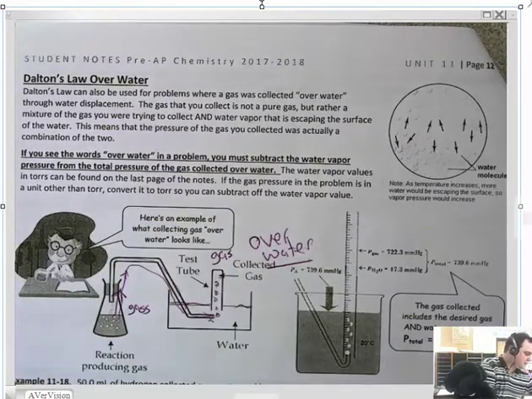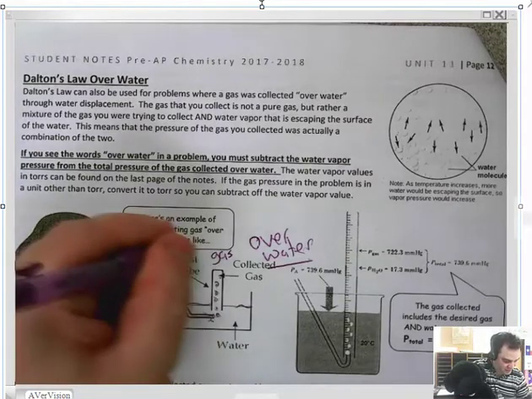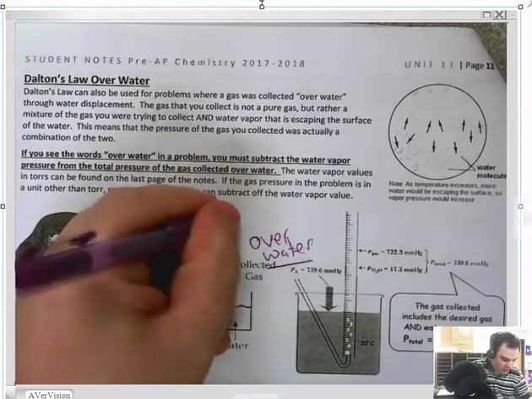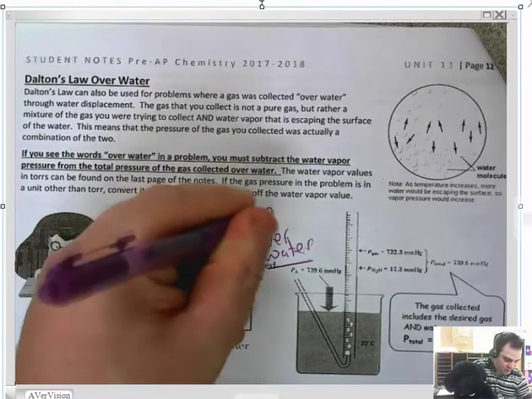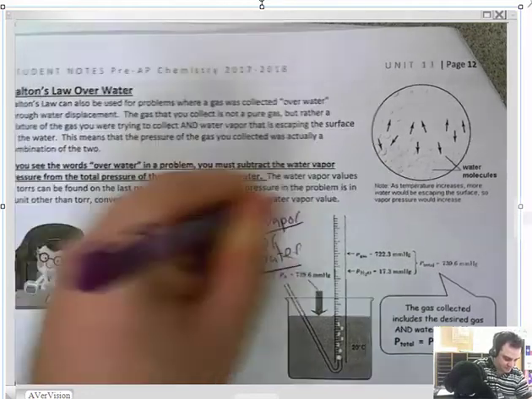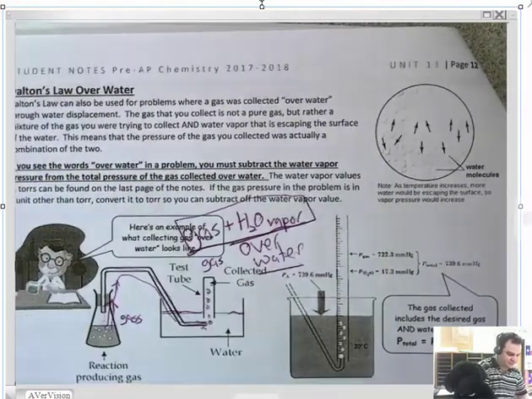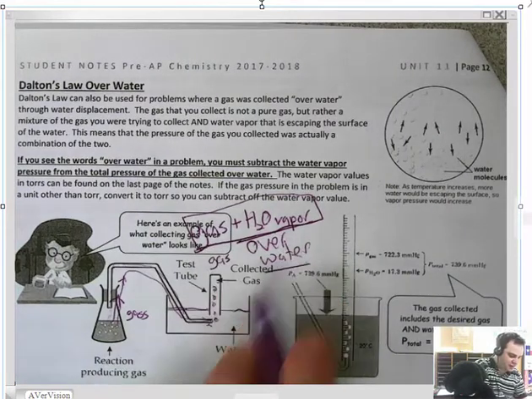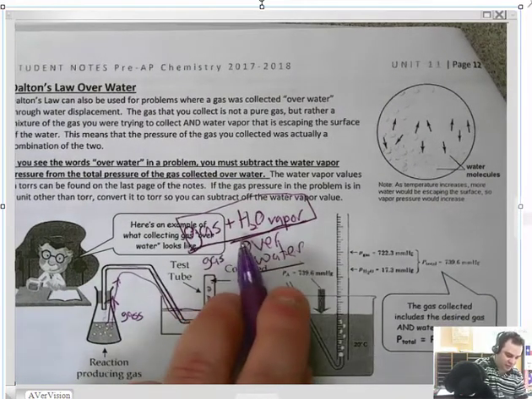So this is actually the pressure of the gas and the pressure of water vapor as well. Which means you're not collecting the pure gas, you're collecting gas and the water vapor here, so then you have to subtract the pressure of water vapor.